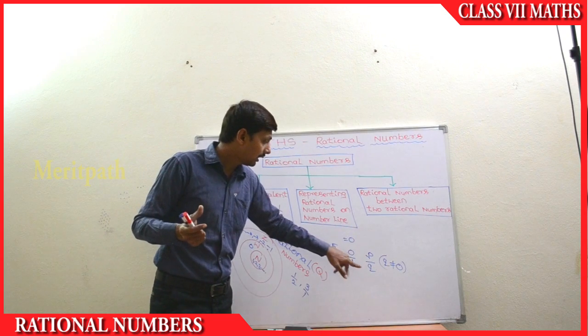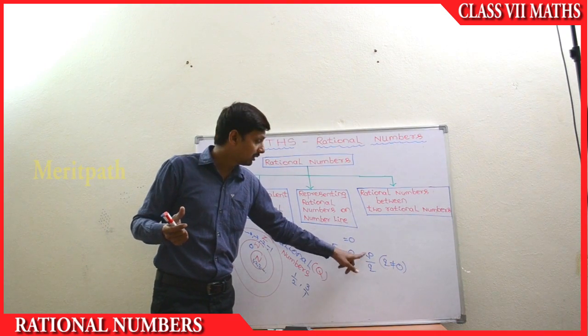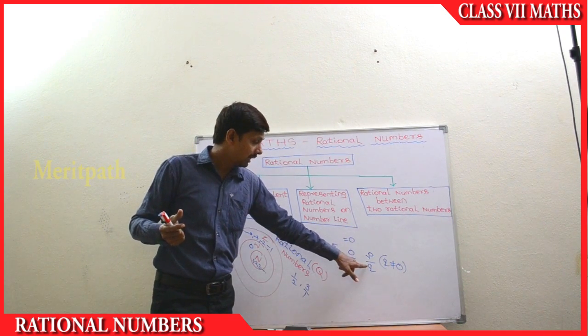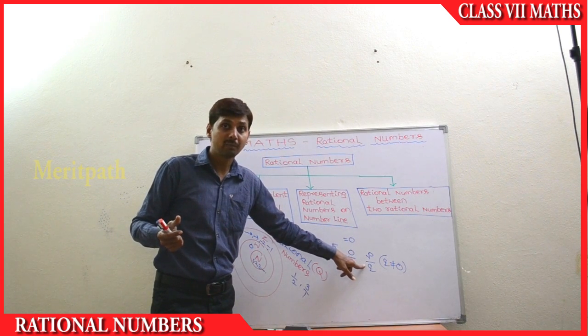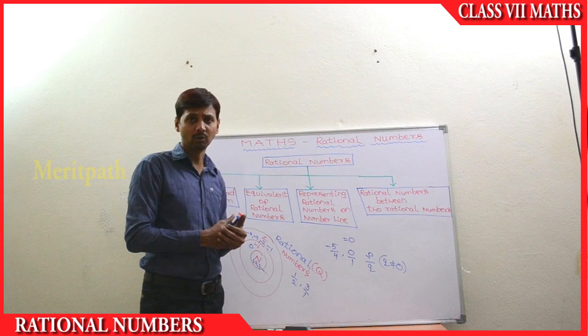Q is in the denominator part, and the value of Q should not be equal to 0. The numerator we can take as 0.